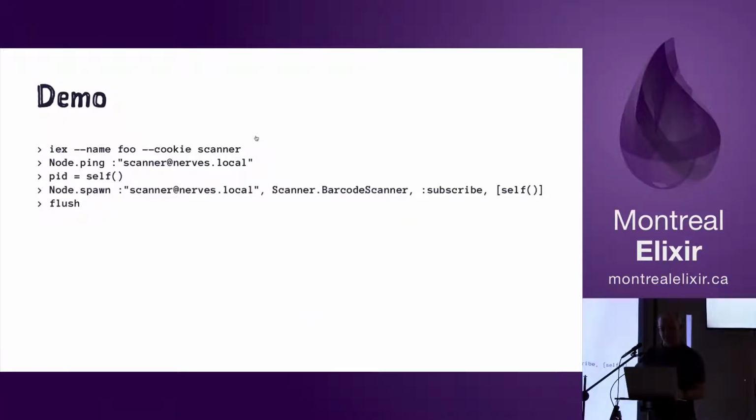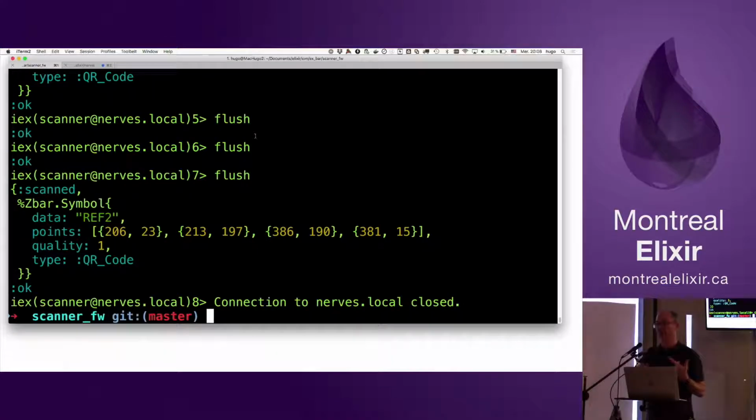Okay. All right, so now we're going to do it through distributed Elixir. So, if you remember, in the init gadget configuration, there was a node name scanner. So, by default, your Elixir application is running in a cluster mode on the Pi.